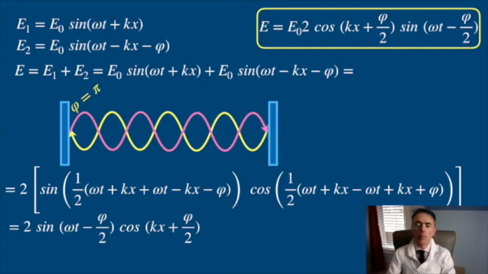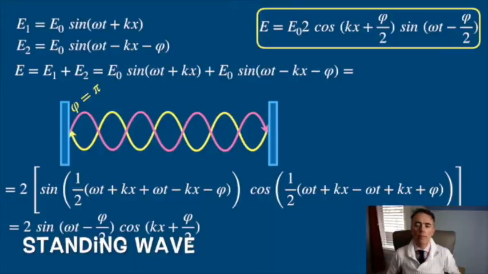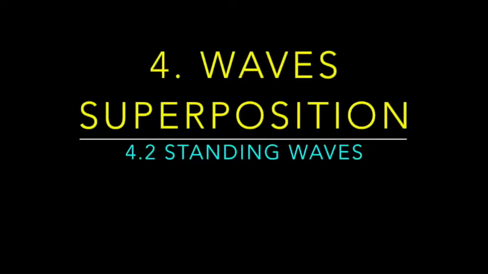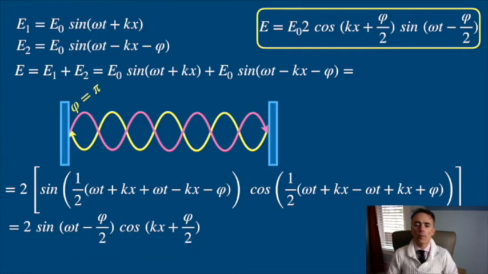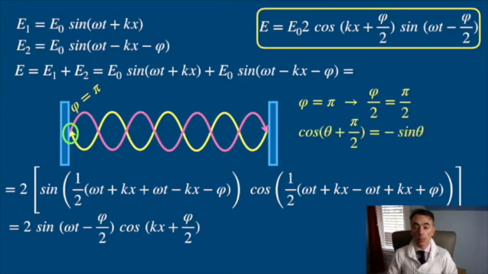This, as you might remember from your introductory course in physics, is a standing wave. Because of the pi phase shift at the mirror, phi over 2 is pi over 2, so the cosine becomes a sine and the sine becomes a cosine.